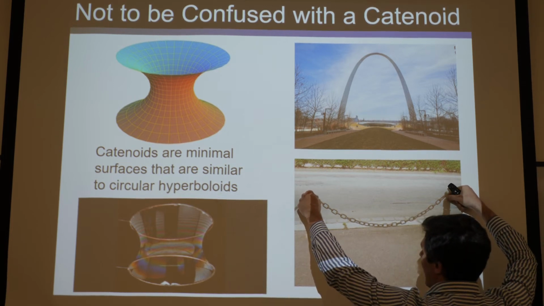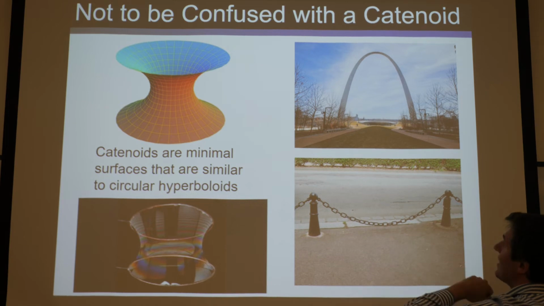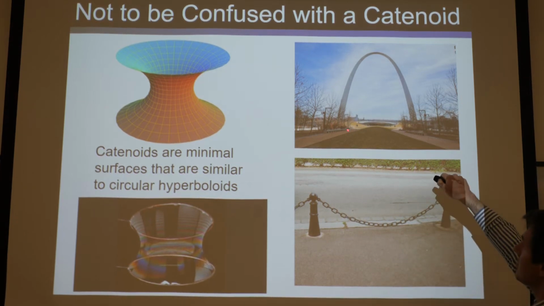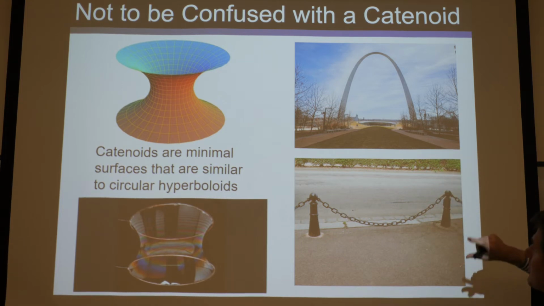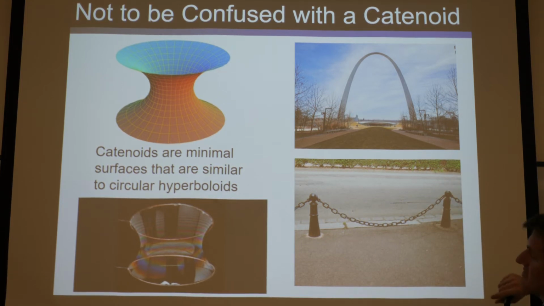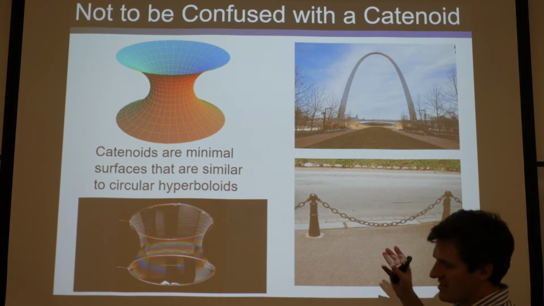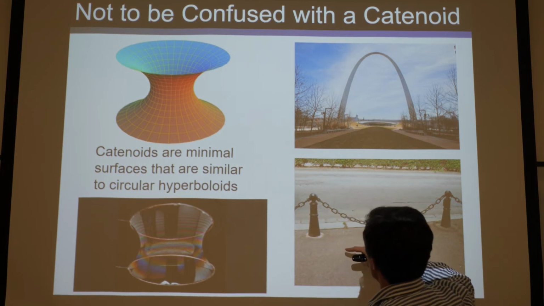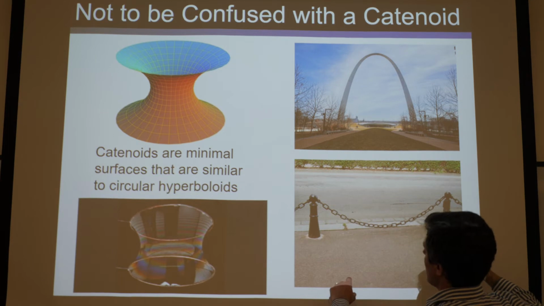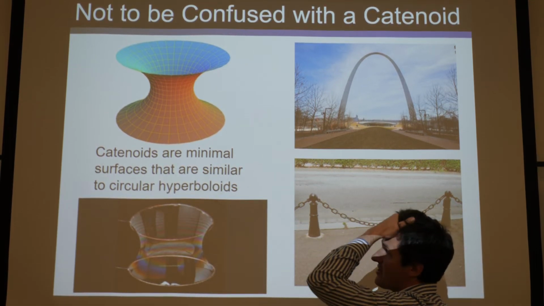So if you take a chain and hang it, it'll naturally form a catenary curve, and they tend to be great in architecture. So this famous arch in St. Louis, Missouri is close to a mathematically perfect catenary curve. So it shows up in architecture and all kinds of interesting things. And if you take this shape and rotate it around its axis, you'll make a catenoid.